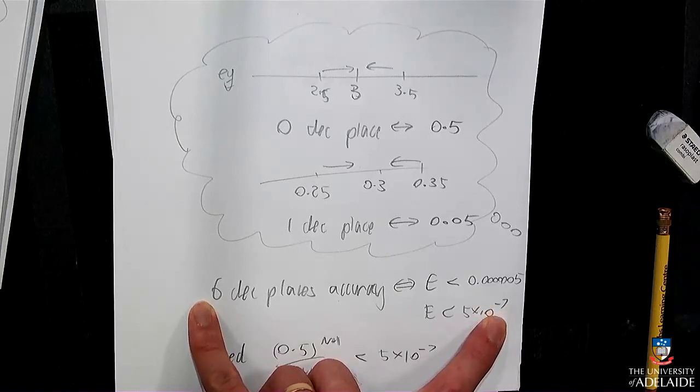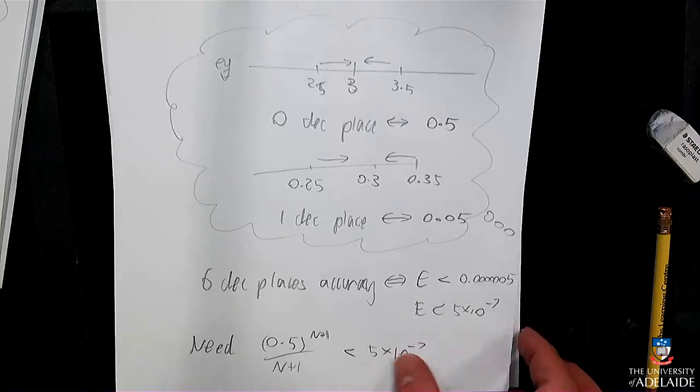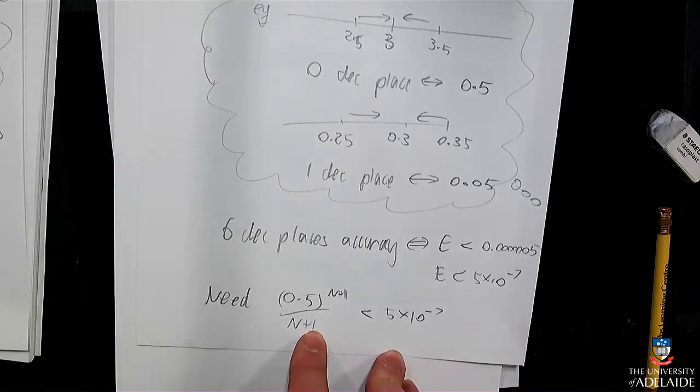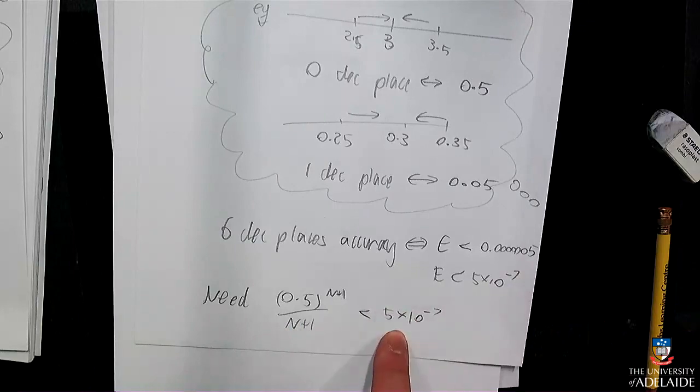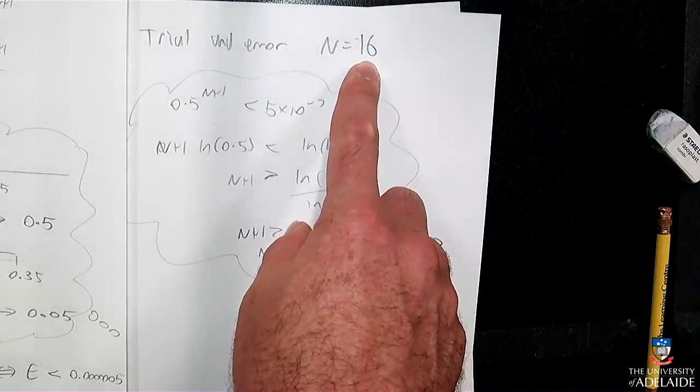Yeah. So there you go, that's how it's done. So after that, the best thing is to just try as many n's as you want until it gets under the goal you need. So I just kept trying n equals 1, 2, 3 until I got to a number that was less than 5 times 10 to the minus 7. And the first one that worked was 16.